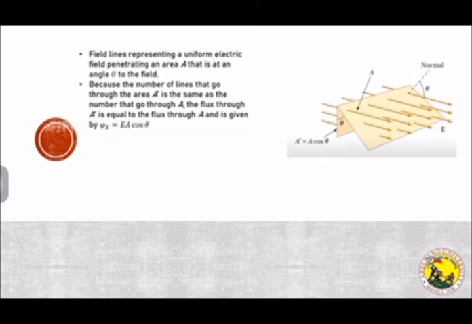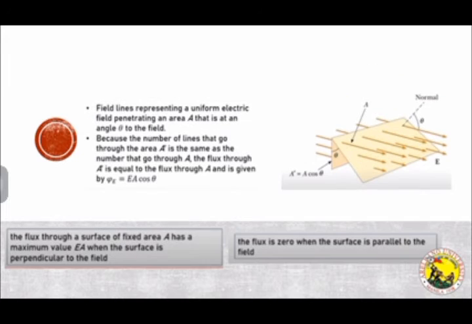From this result, we see that the flux through a surface of a fixed area A has a maximum value E A when the surface is perpendicular to the field.